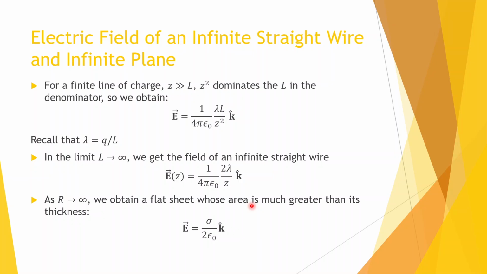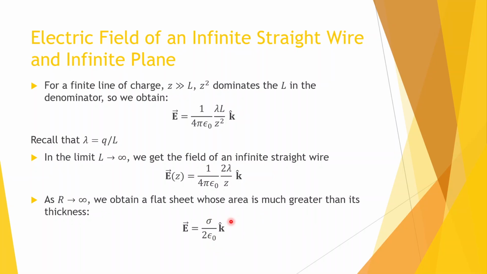It's extremely thin compared to the area of the sheet itself. So we obtain, okay, well, this is the electric field on that flat sheet, and that will equal sigma divided by 2 epsilon naught times k hat. So k hat, again, giving us the direction.